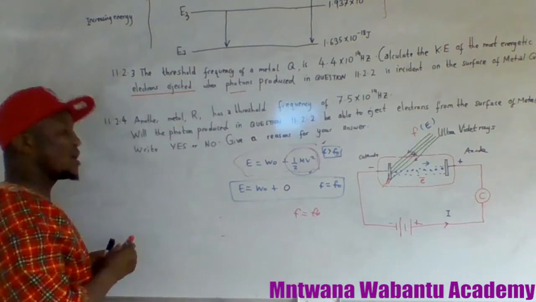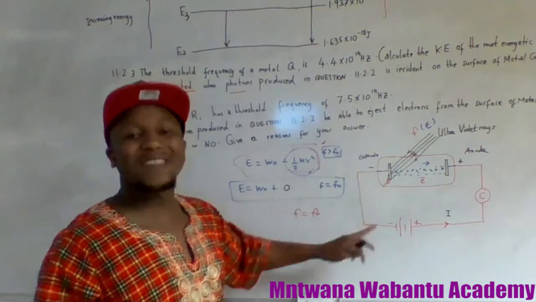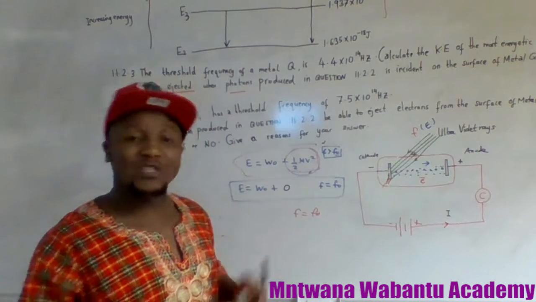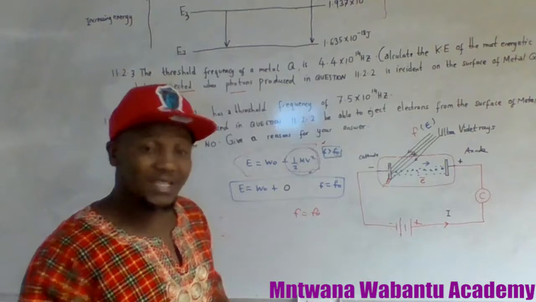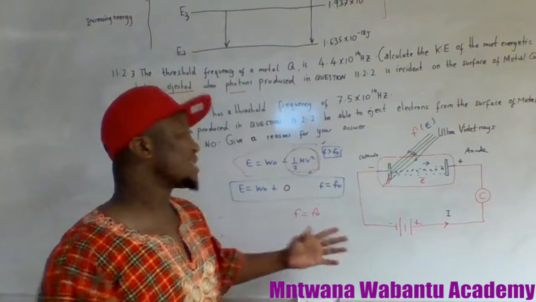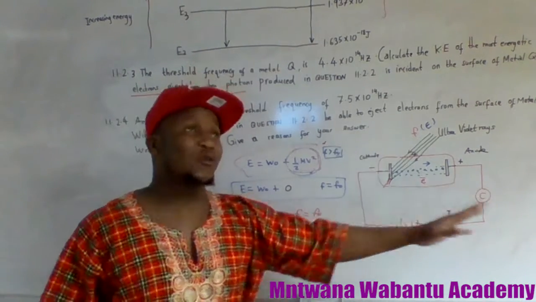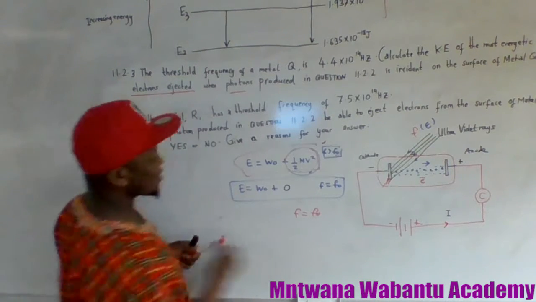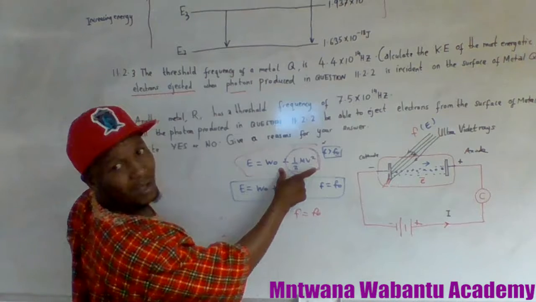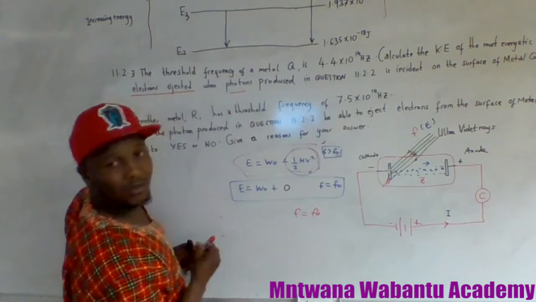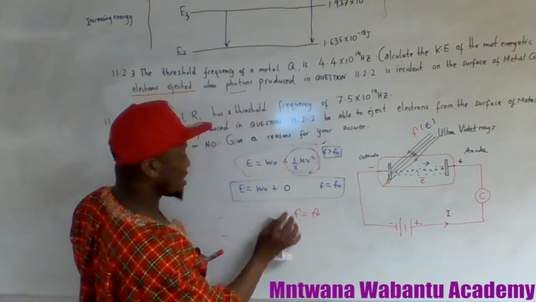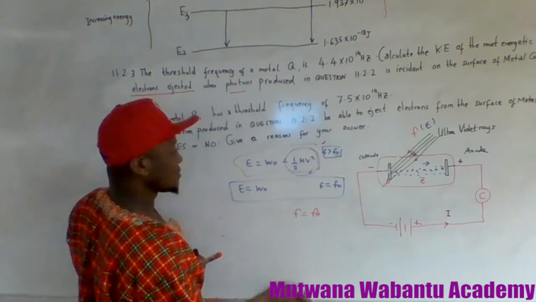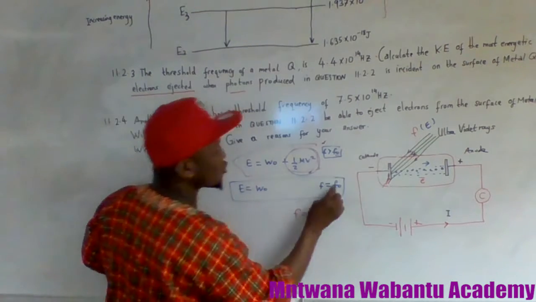When it's equal, the electron at the metal plate at the cathode is going to get excited, but it won't be able to move the electron from the cathode to the anode. So in that case, we're not going to have kinetic energy. That's why we write the same formula, but here kinetic energy equals 0. It means you're not going to have kinetic energy when the frequency of the energy equals the threshold frequency.